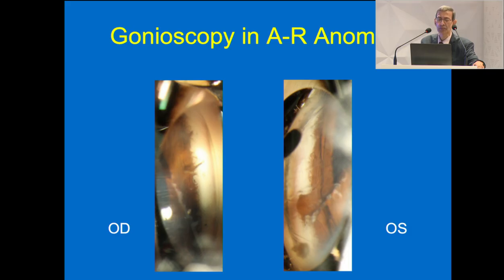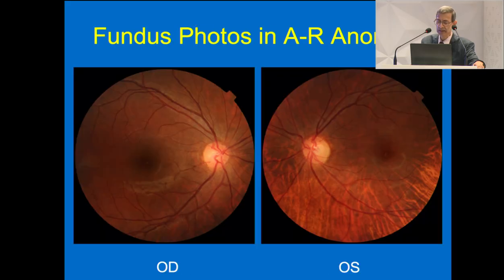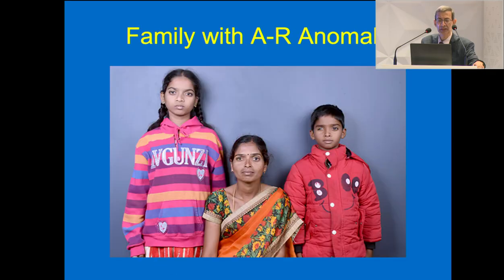In spite of extensive gonio anomaly seen here in both eyes, there was no glaucoma. You can see the anterior segment OCT. This is the disc, and this is the normal field, and we are following this patient. So here is a situation. In the same family, the youngest one is presenting with glaucoma at birth, neonatal onset disease. The elder sibling had manifestation at birth, typical clinical features, but no glaucoma.